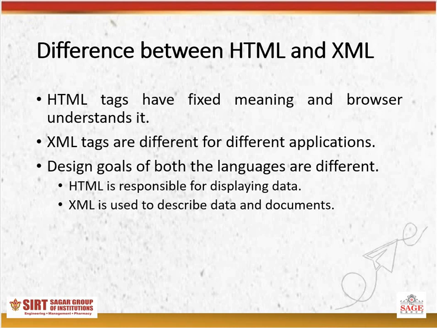But in XML, as the user defines the tags according to the need of the application, it becomes mandatory that XML tags contain the meaning of the tag, so that when the data gets transported from one platform to another platform, all the users will understand the meaning of the tags uniformly. Design goals of both the languages are different, as HTML is responsible for displaying data only, but XML is used to describe the data and documents also.